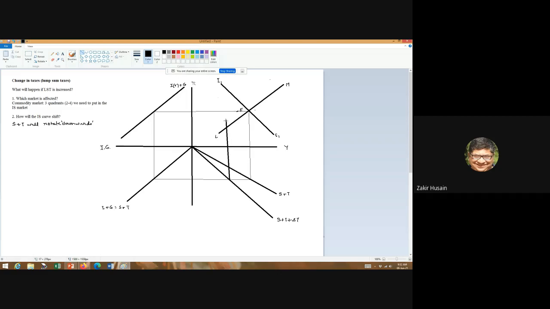We just have to come from here. Okay, so that means the IS2 curve will be this one. So this was R1, this will be Y2, Y1 as equilibrium term, this will be R2.